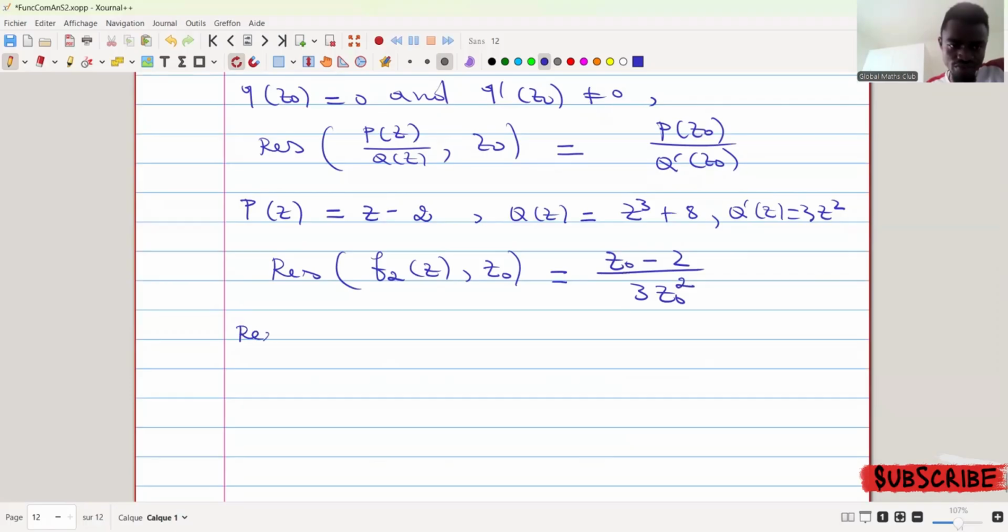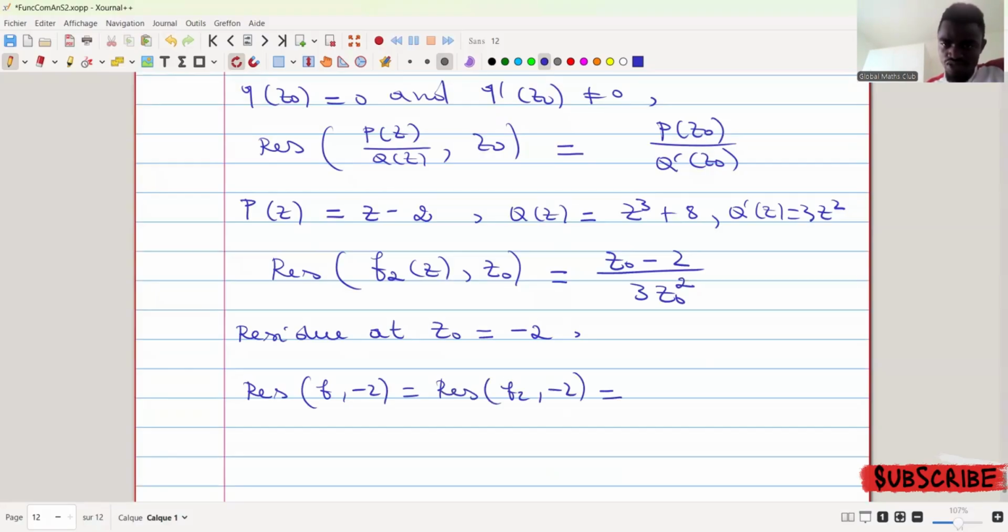So the residue at z naught equal to -2. You just have to replace. So it's going to give you -4/12, and you simplify, you have -1/3.